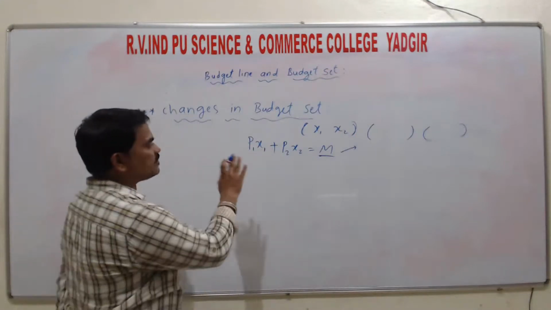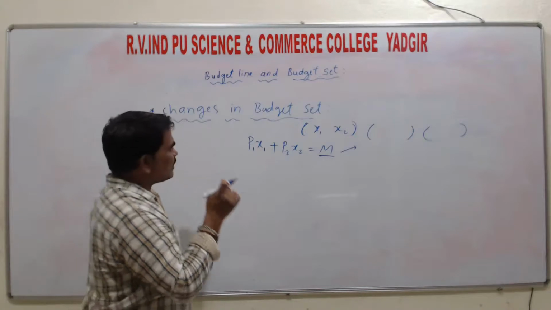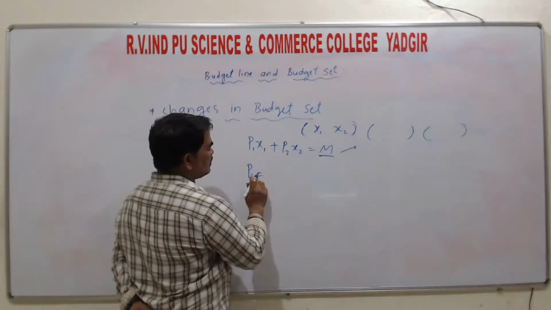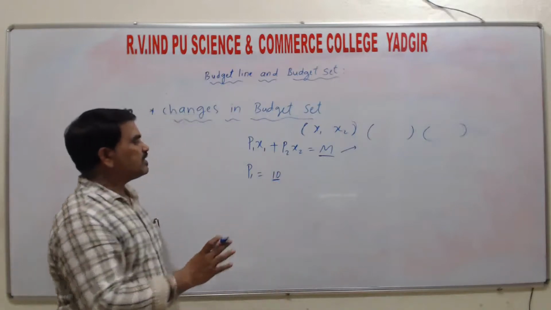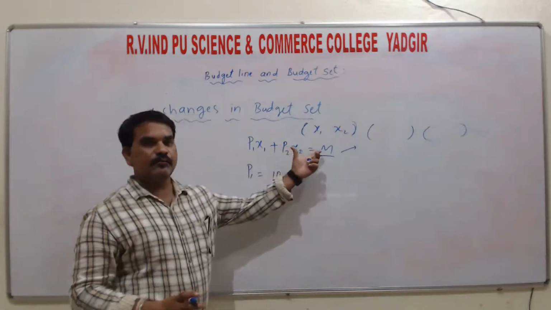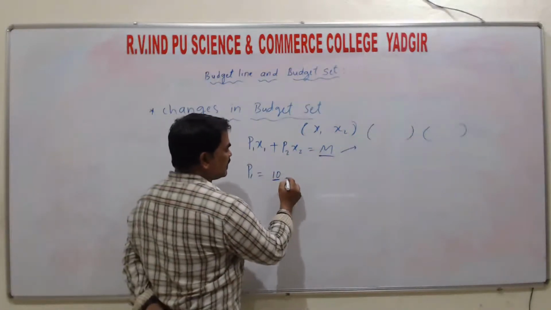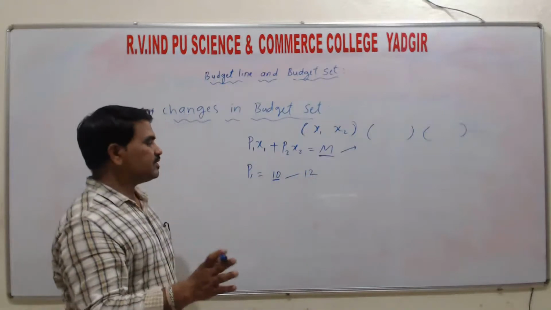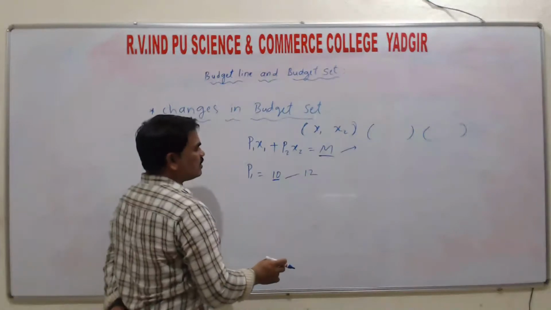And the second thing is we can change the price of one good. If it is 10 rupees, with this given price we have a set of bundles, correct? If the price is increased from 10 to 12, then what bundles do we get? That is one scenario we can look into.